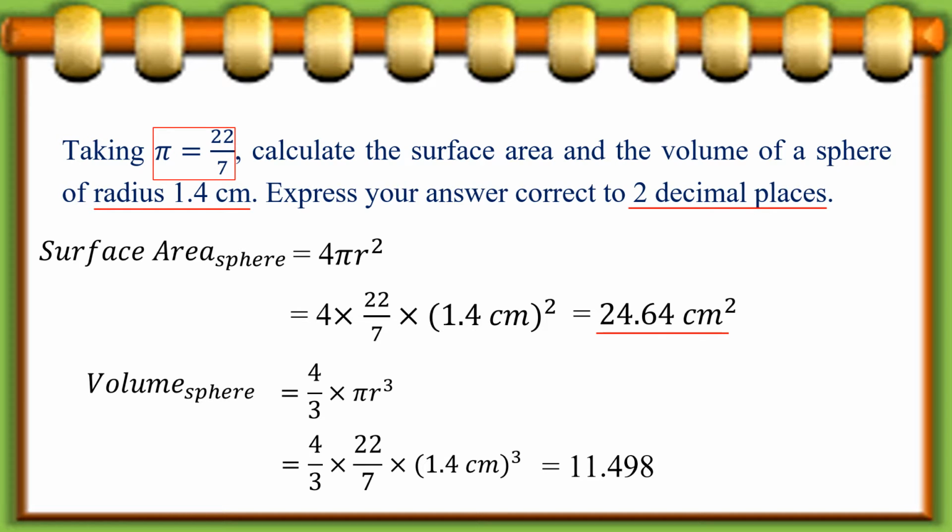Now let us have the volume of sphere. Using the formula 4 over 3 times pi r cubed, we are going to have 4 over 3 times 22 over 7 times 1.4 centimeters to the power of 3. And we all know that to the power of 3 is equal to 1.4 times 1.4 times 1.4, or multiplying 1.4 thrice itself.